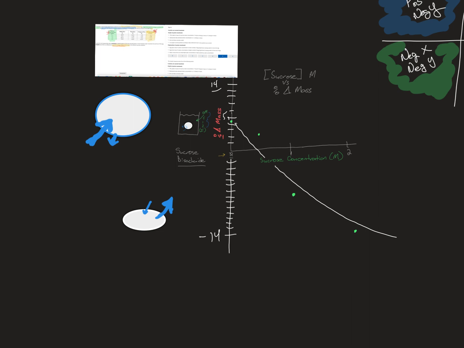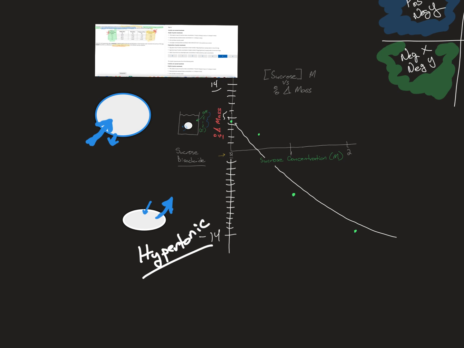So this was in a hypertonic solution. So when you went to go explain it, the explanation is that when it was in a hypertonic solution, the percent change was negative.